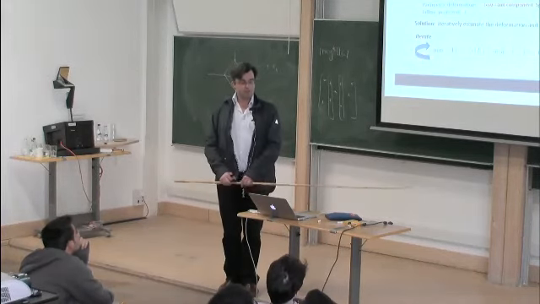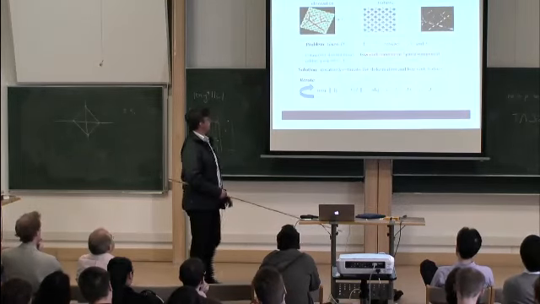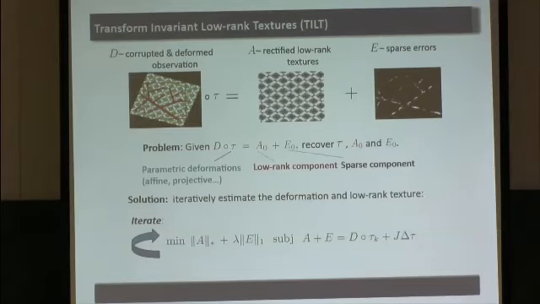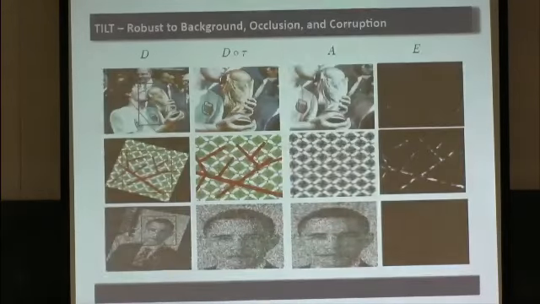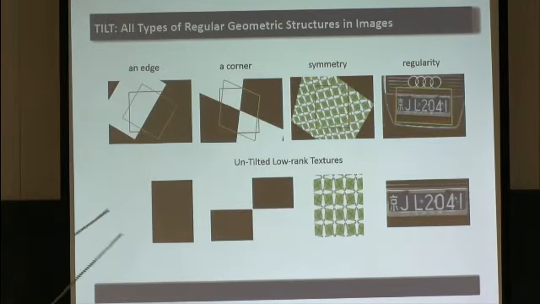So you don't have to stop at all these applications, you can do lots of things. If we look at textures, of course these textures are not low rank plus sparse, but if you could transform them, perhaps by rigid motion, then you could align the texture so it looks like this.